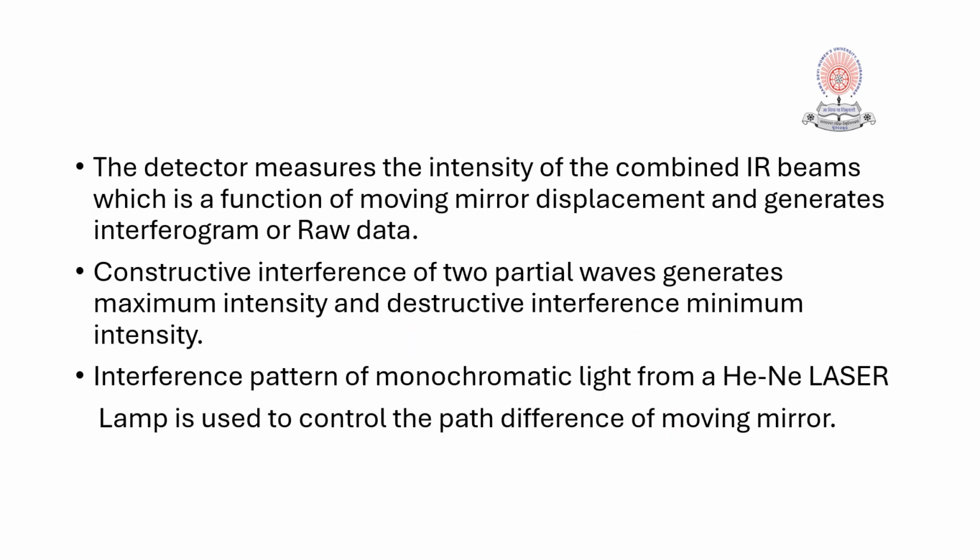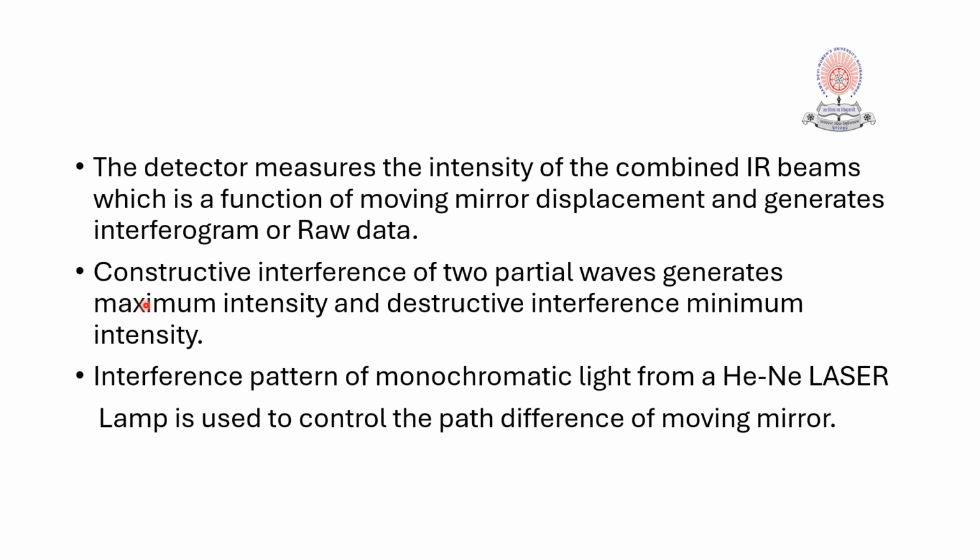The detector measures the intensity of the combined infrared beams, and the intensity is a function of the moving mirror displacement. Finally, the detector generates an interferogram, that is raw data.